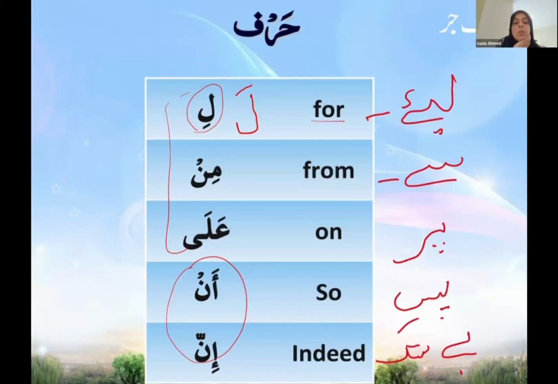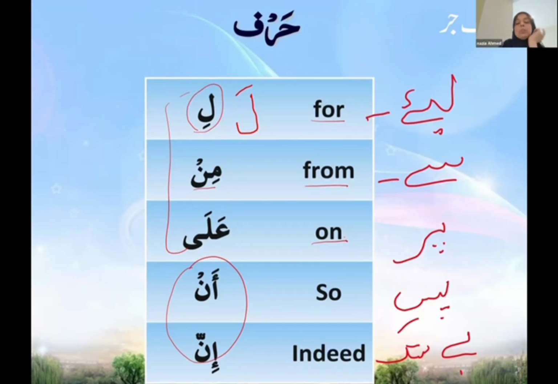Then we have a'udhu billahi minash shaitanir rajim: min means from. Then we have ala, which means on. Now we're going to join them with the attached pronouns, the same ones we used last week with rab.